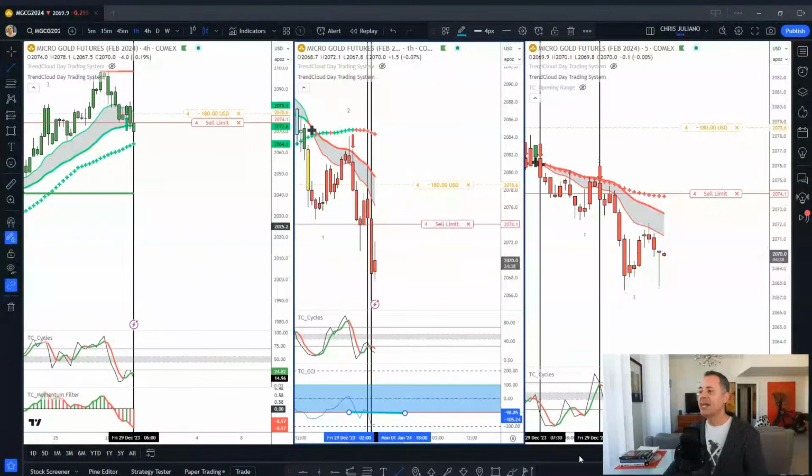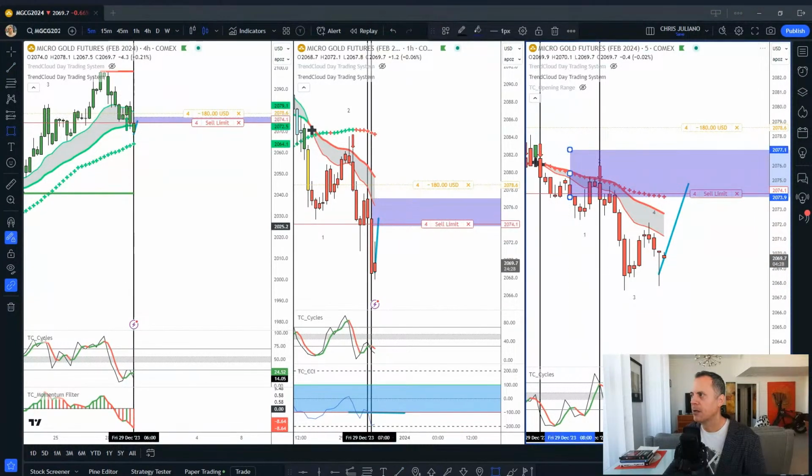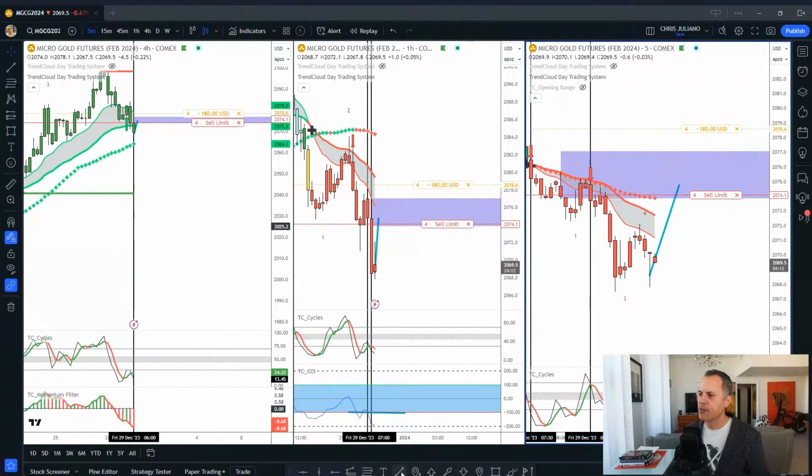So any kind of pullback into a supply zone, okay, any type of pullback into a supply zone, you're pulling back into that supply zone with very strong downward momentum. Why wouldn't you look at that? So now you've got a good chance of this happening, right?